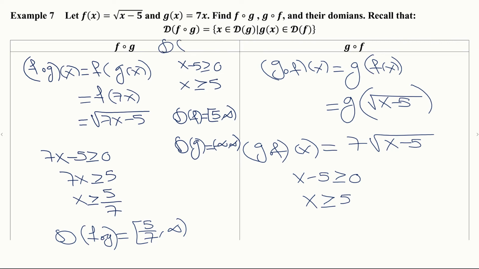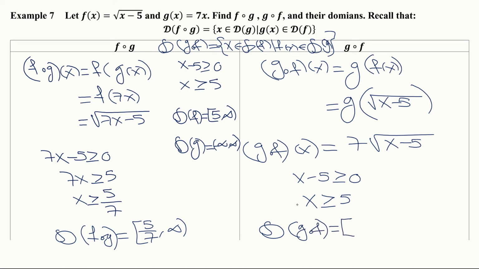So the domain of g circle f is going to be all x belonging to the domain of f, such that f of x belongs to the domain of g. And of course, given that the domain of g is all reals, we should be good to go with this restriction itself. So we get the domain of g circle f equals bracket 5 comma infinity.